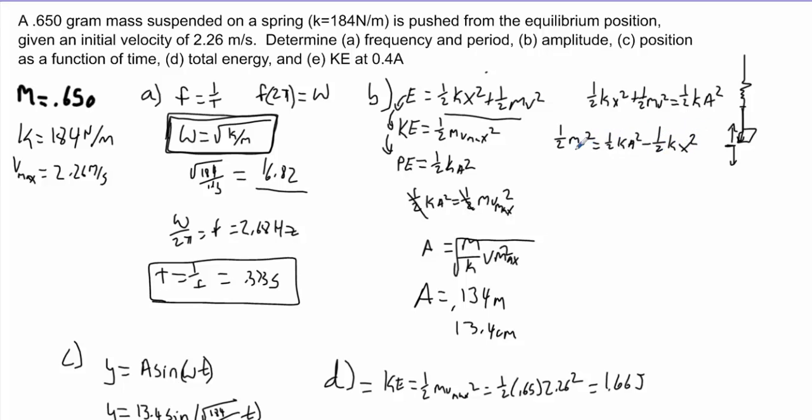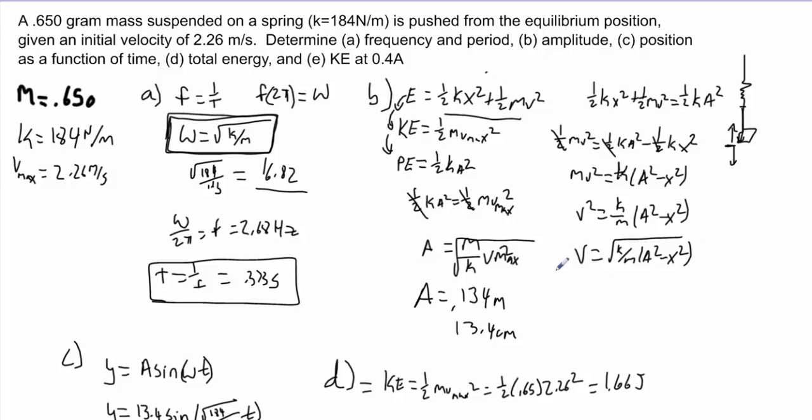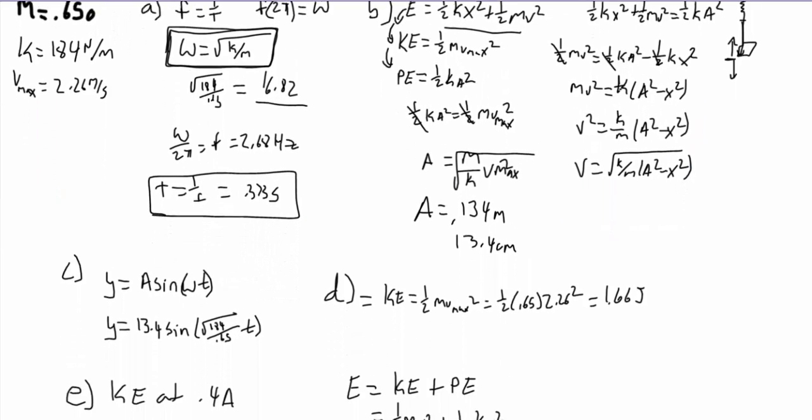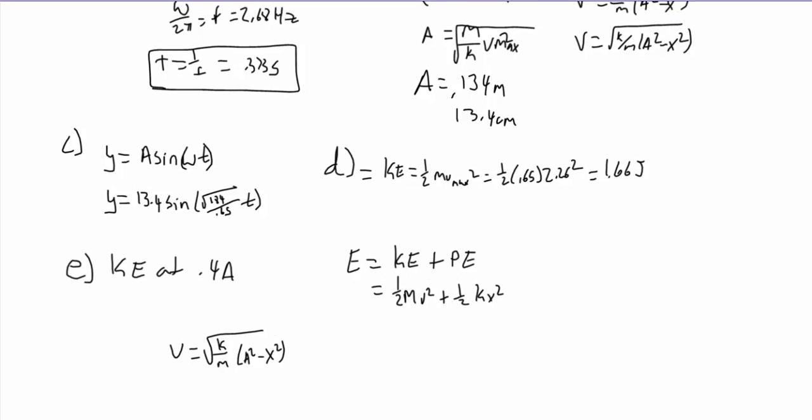Now there's a 1/2 in every single one of those, so I can divide it out, cross it off, and so now I have m v squared equals k, and this is in both, so I'm going to factor it out, k times A squared minus x squared. Divide both sides by m, so I get v squared equals k over m times A squared minus x squared, and then I can square root both sides. v equals the square root of k over m times A squared minus x squared. So I can use this equation as well to find out the velocity and get the kinetic energy. So it depends on what you want to do. I'll just derive this, so I'll use it.